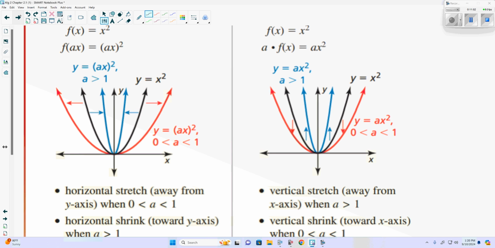Now the other thing we have is horizontal stretch and shrink and vertical stretch or shrink. Vertical. So if we're multiplying by a value of a outside, if a is greater than 1, it's a vertical stretch. If 0 is less than a is less than 1, it's a vertical shrink. And these we felt comfortable with, doing vertical stretch or shrink.